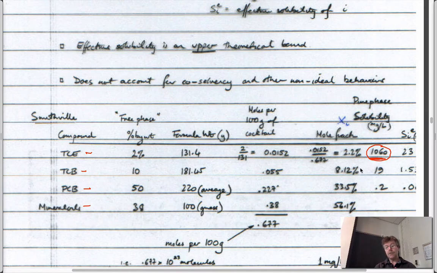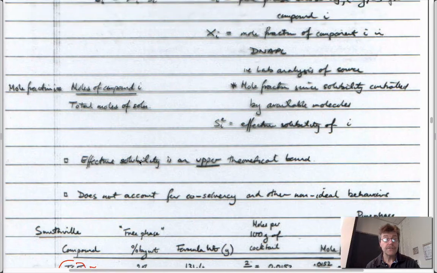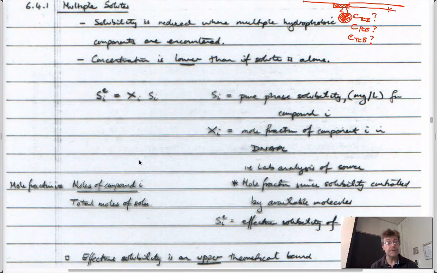And some of those solubility sites might be taken up by the other components. And so we want to figure out exactly what the initial equilibrium concentrations would be. If it's 100% TCE, then this would be the maximum concentration. If it's 2%, then that doesn't follow.